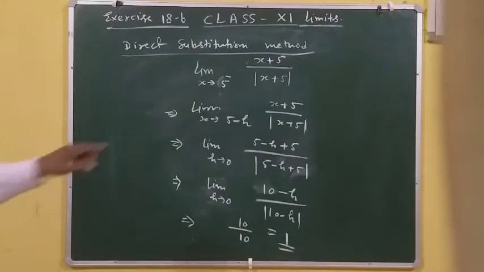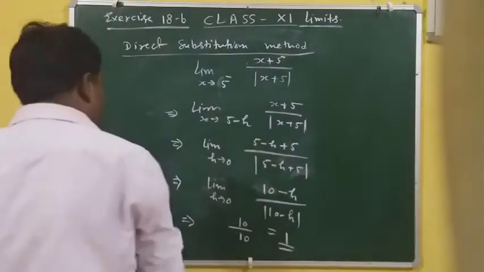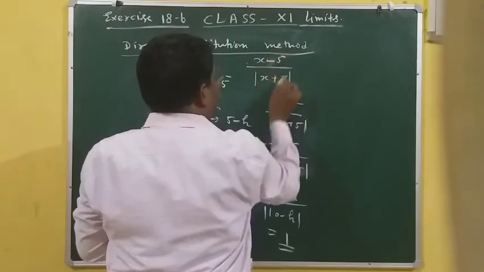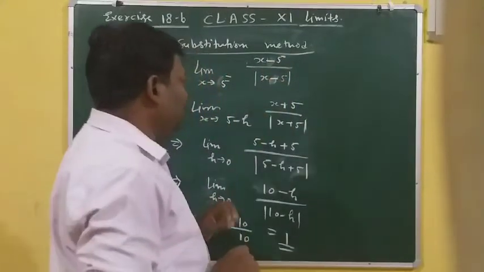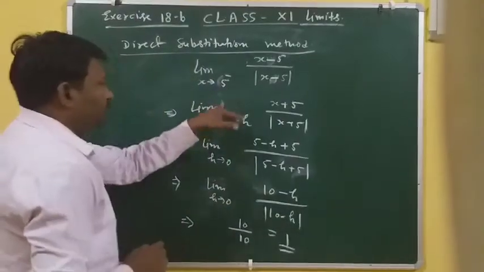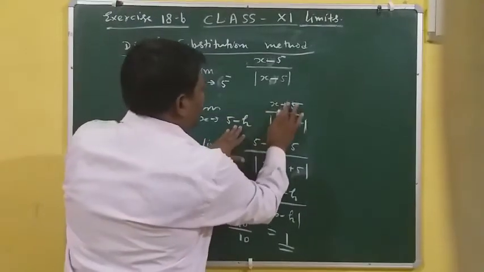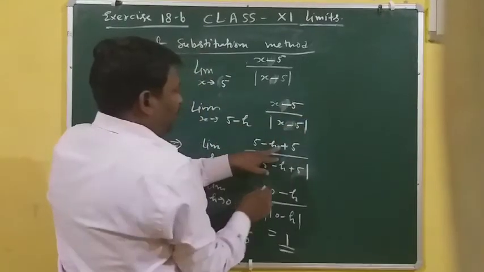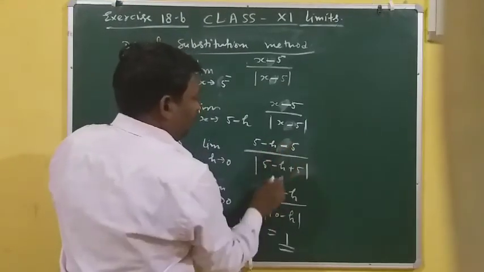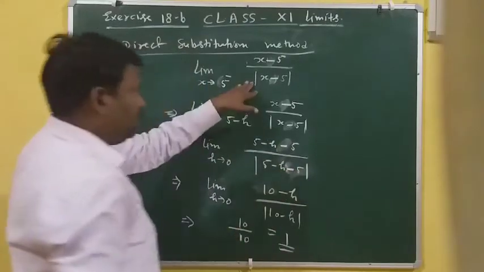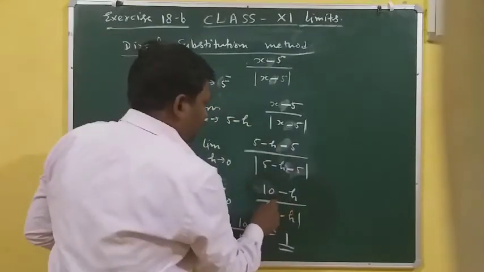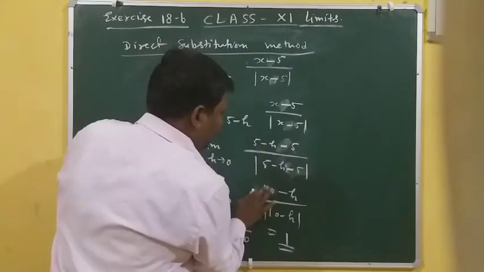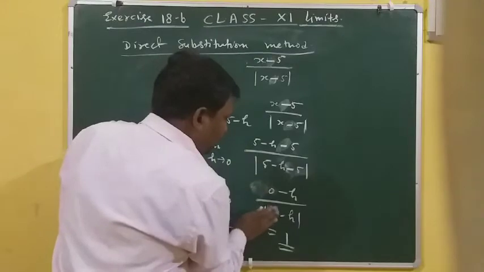Now some other questions, like if the question is x minus 5 upon mod x minus 5, then how will you do? This is so simple. In the same way, here x tends to 5 minus, so x minus 5 becomes 5 minus h minus 5, that is 0 minus h, and in the modulus also 0 minus h.